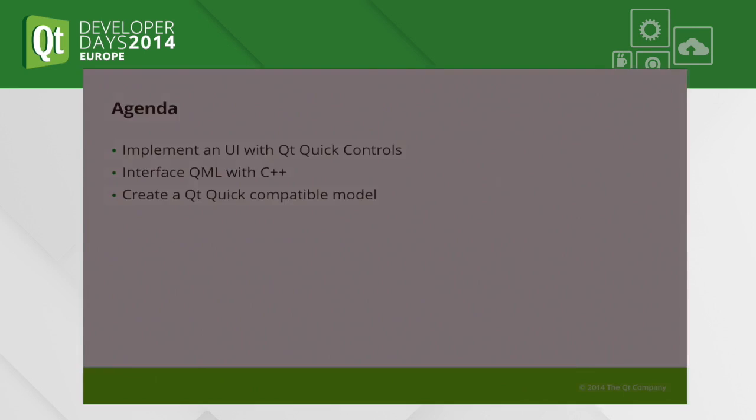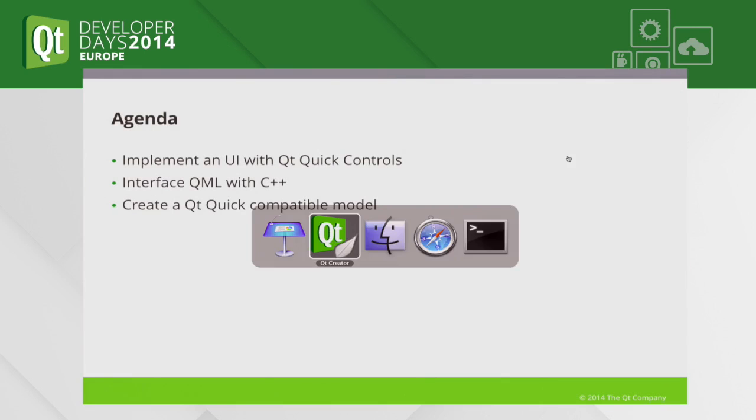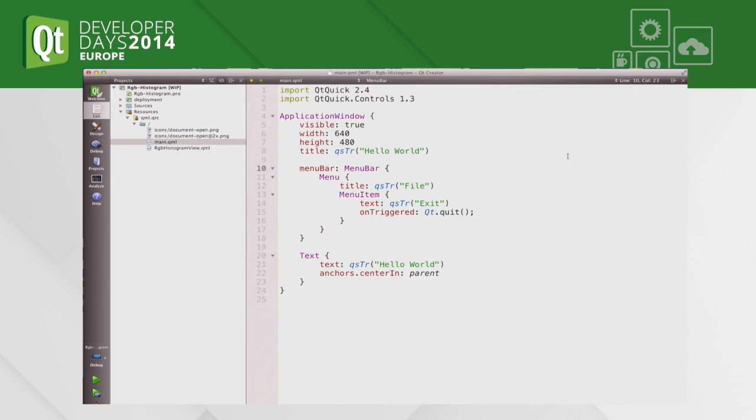So let's see. Switch to Creator. If you create a new Qt Quick application in Creator, you end up with this sort of template. Here I added a few more things, but basically it's this. The structure is you have a main.cpp, and then you have your QML files in the resources.